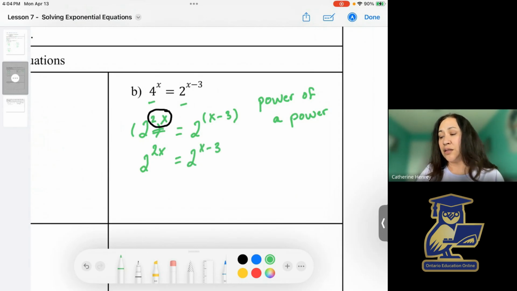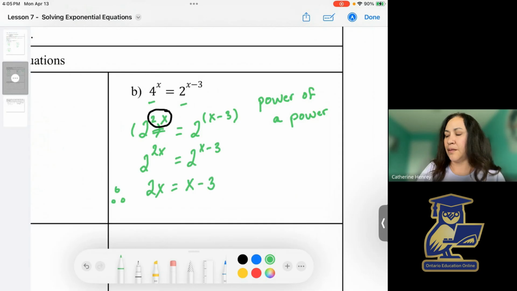Now that we've created the same base, we can set the exponents equal to each other. I'll take this x from the right and move it over to the left. I'll be left with x equals negative 3.